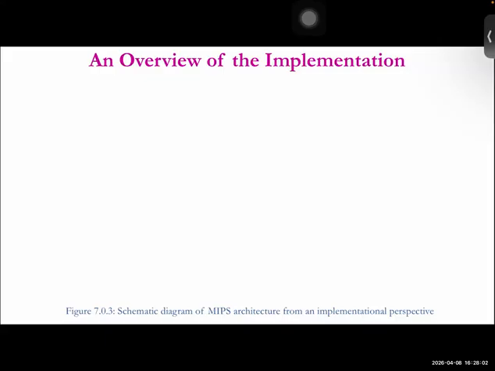So in actual implementation, you just recall that the execution starts with the first component called program counter, which is used to hold the address of the next instruction which will be ready for execution.